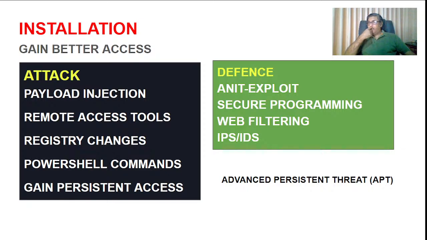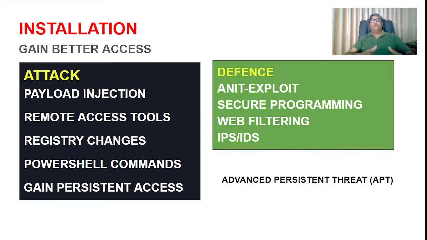If you are developing software or somebody is developing your software, get them to guarantee secure programming techniques, because at the system specification level, not after development, your security must start. And web filtering, like you could use Cloudflare for web filtering to protect your web server.